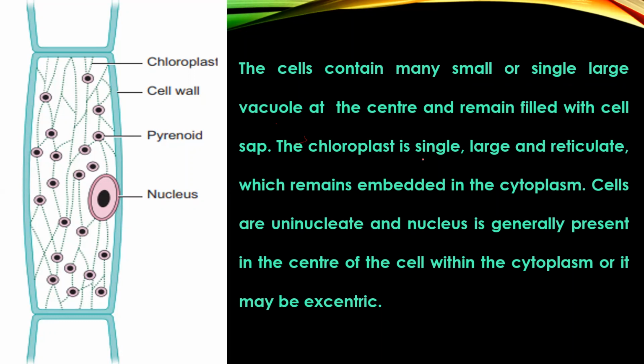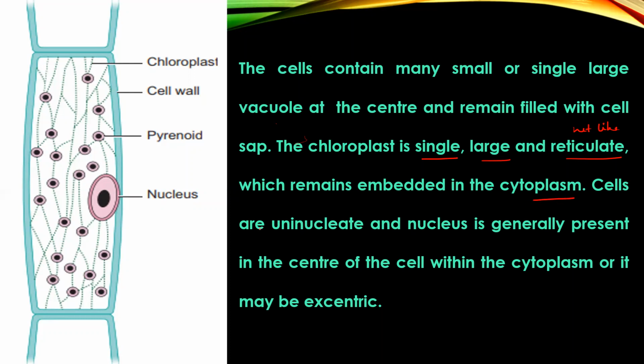The chloroplast is single, large, and reticulate. What is this reticulate? Net-like. Net-like. Okay. Single, large. I don't think I need to explain these terms. This remains embedded in the cytoplasm.